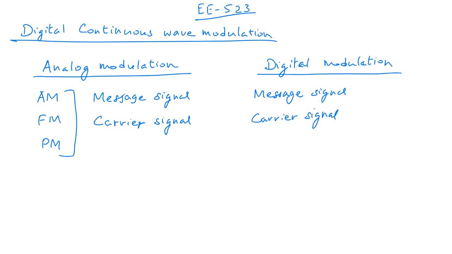The difference between them is that in analog modulation, the message is a continuous waveform. When we say continuous waveform, I mean continuous in amplitude: the amplitude has a continuous range.